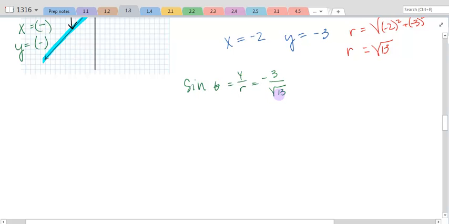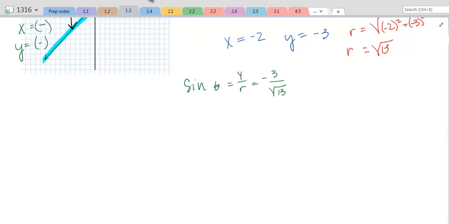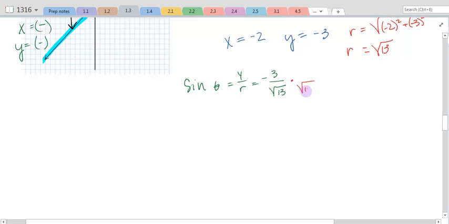So what I have to do is rationalize the denominator by multiplying top and bottom by the square root of 13, because that's the part I need to get rid of. I multiply top and bottom by the part I want to get rid of.